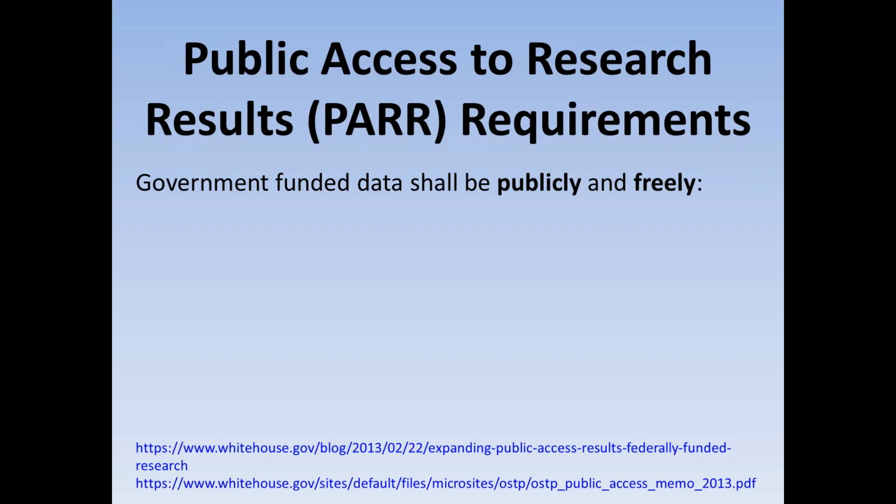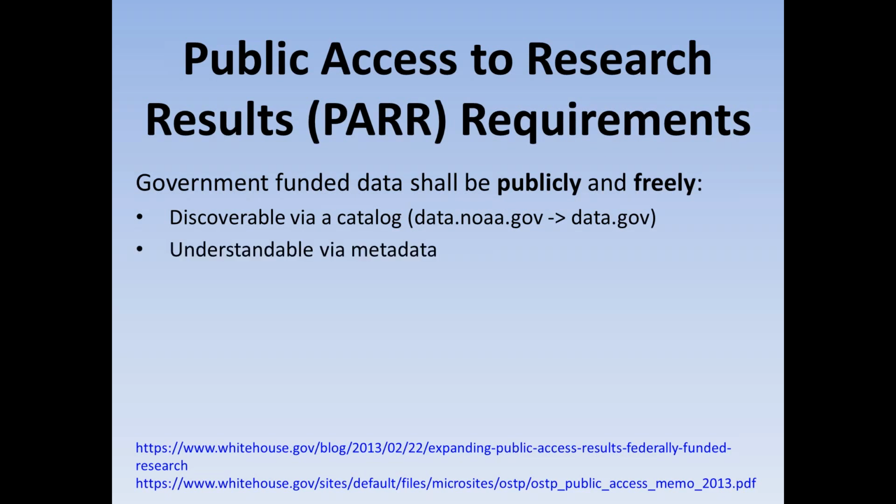the federal government, including NOAA, obviously, now has public access to research results, PAR requirements. And they say that government-funded data shall be publicly and freely discoverable via a catalog, which in practice is for NOAA, data.noaa.gov, but all of those flow into the main data.gov catalog.